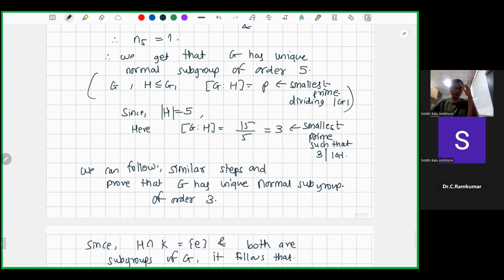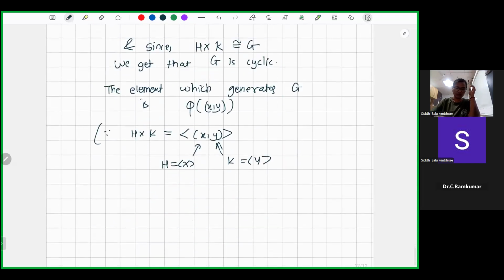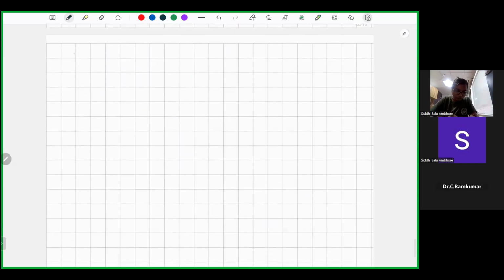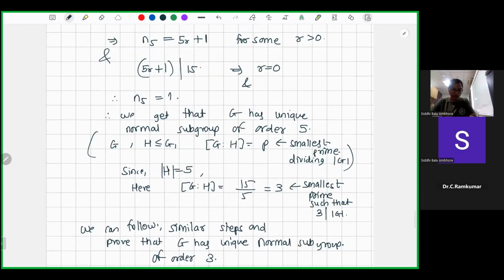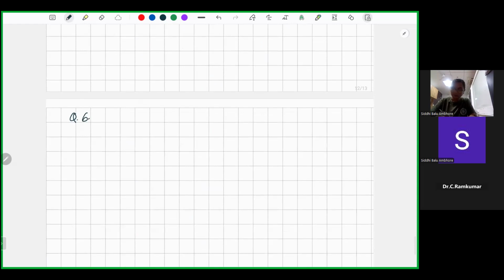Okay, and one more. Similarly, you can also prove this for this one also. Question 6.